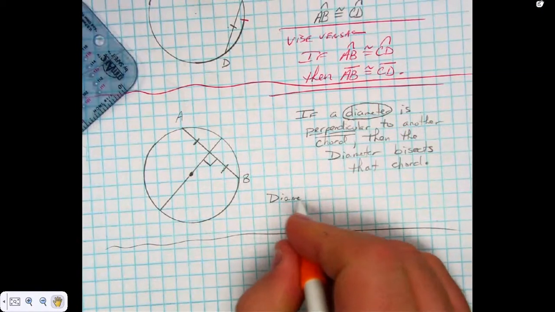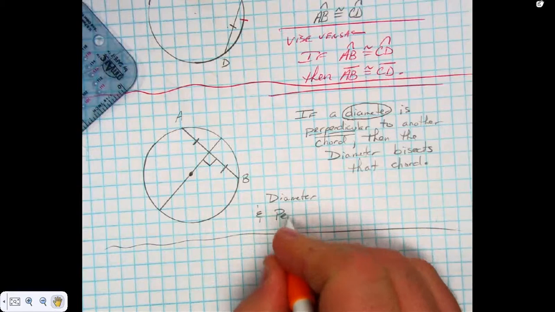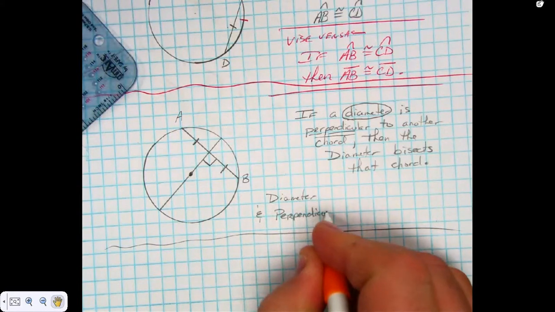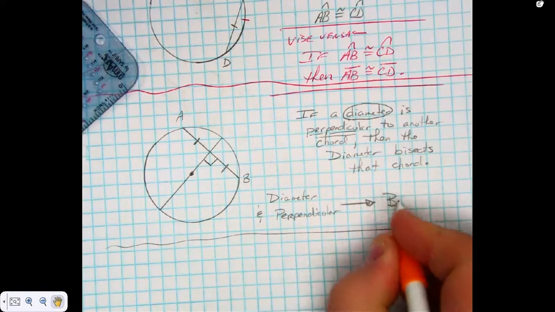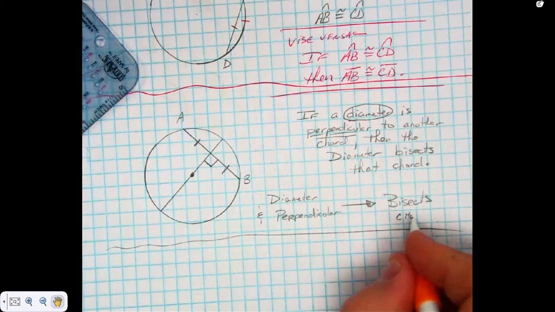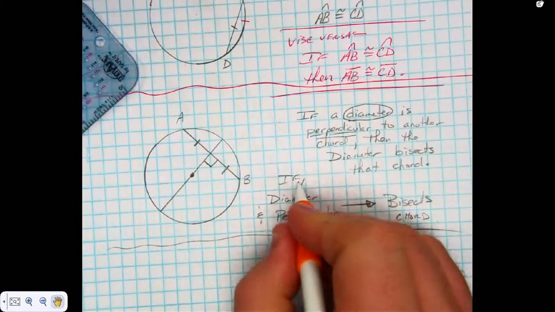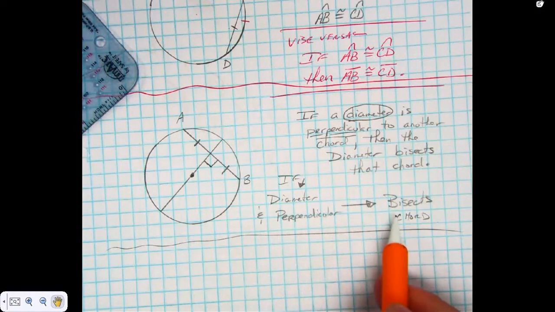Diameter. And what? Perpendicular. As a result, what does it do? If it's a diameter and perpendicular, then what happens? It bisects the chord.